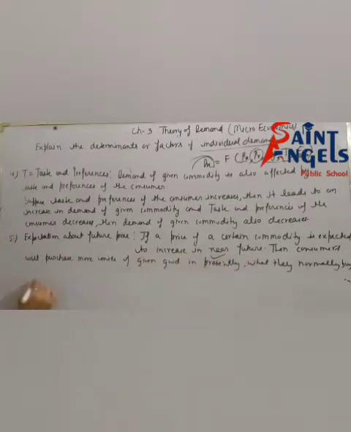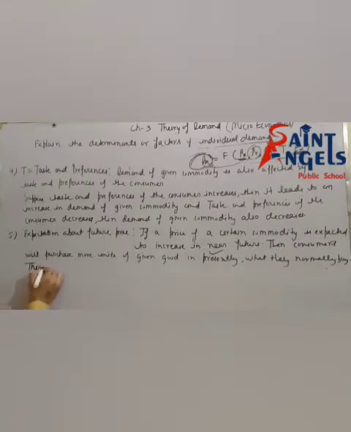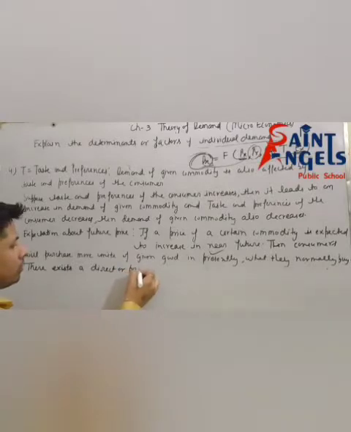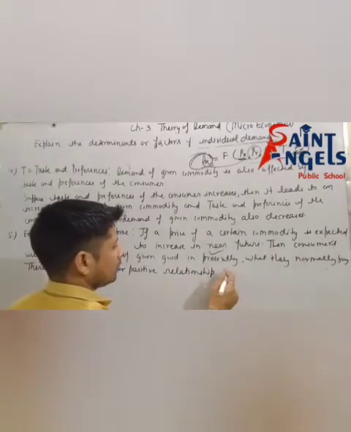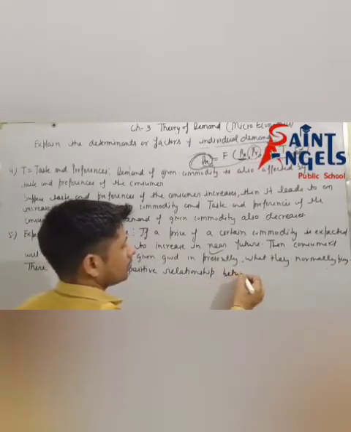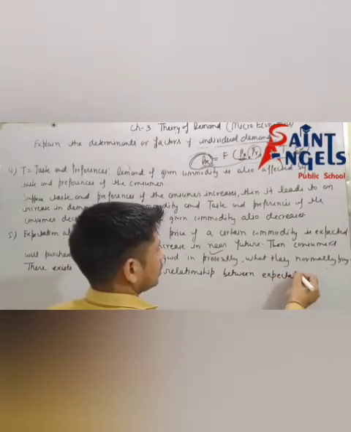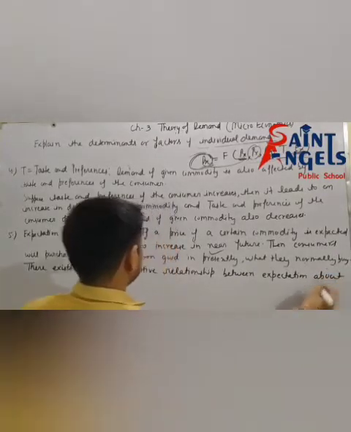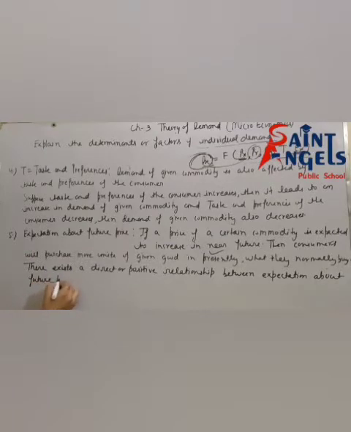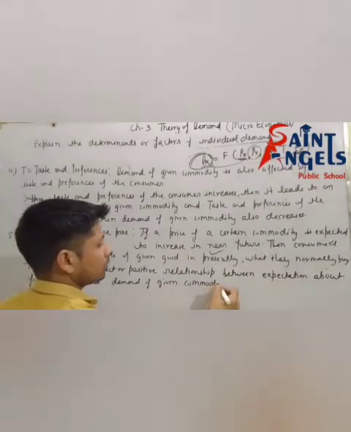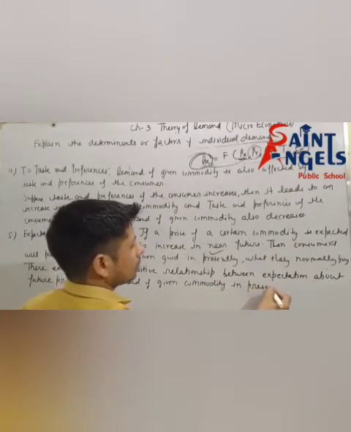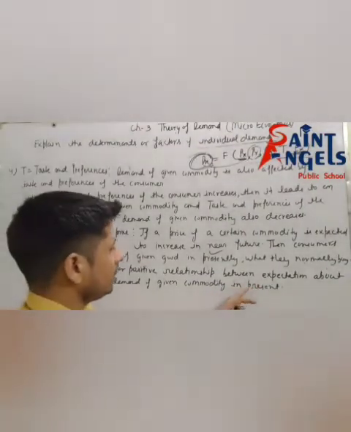See, now after this you will write: there exists a direct or positive relationship between expectation about future price and demand of given commodity in present, or you can write here, in current period.